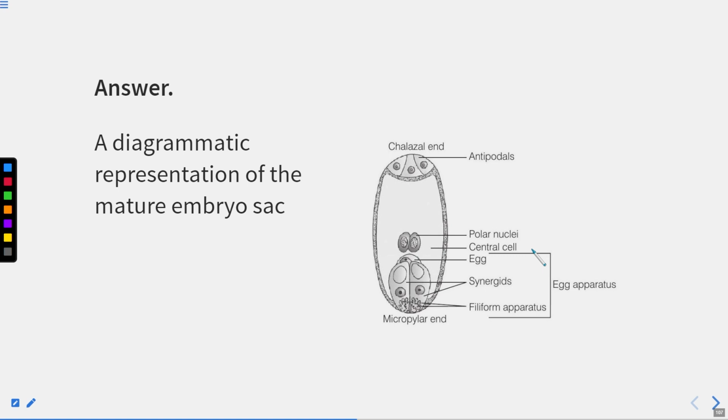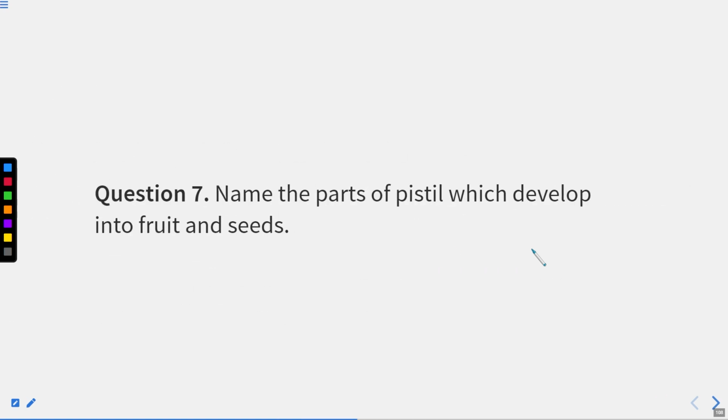Now let's move on to the next question. Here you have to name the parts of the pistil which develop into fruit and seed. Parts of a pistil: you already know it consists of stigma, style, ovary, and within the ovary what is present?